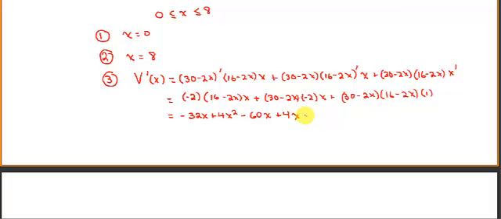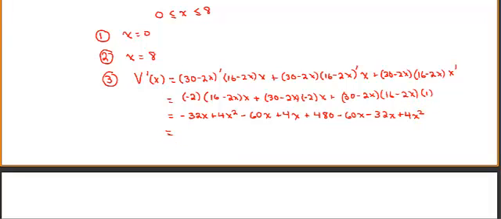And then, as I multiply this out, 30 times 16 is 480. And 30 times negative 2x is negative 60x. Negative 2x times 16 is negative 32x. And then negative 2x times negative 2x is positive 4x squared.